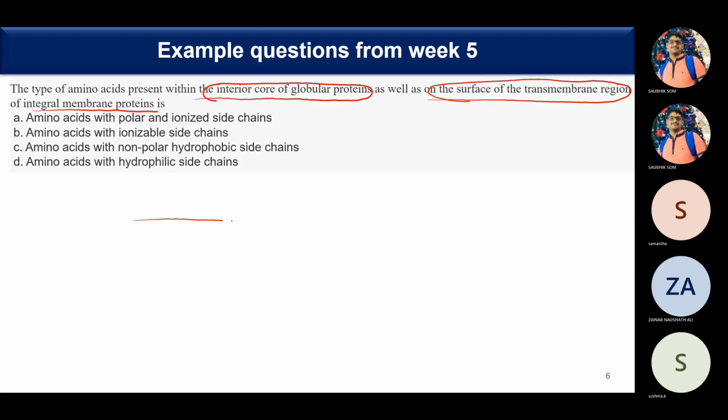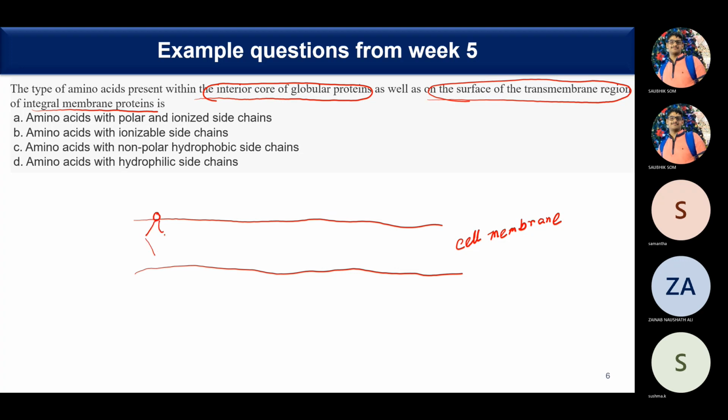This is my cell membrane. As you all know, our cell membrane is amphipathic, right? So it has these polar side chains, these are the polar, and these are the non-polar. Correct.